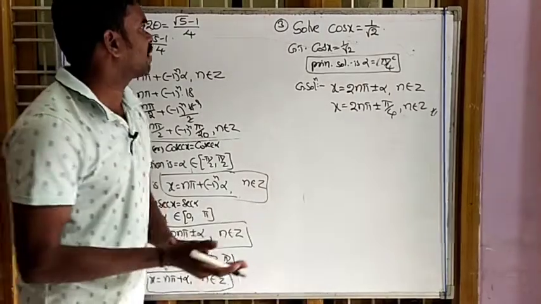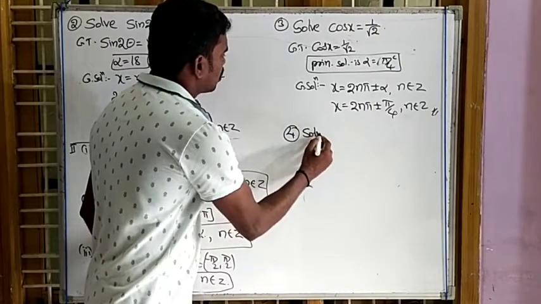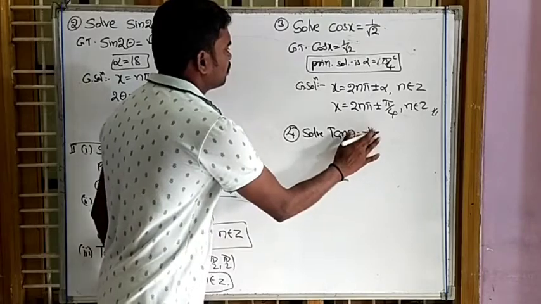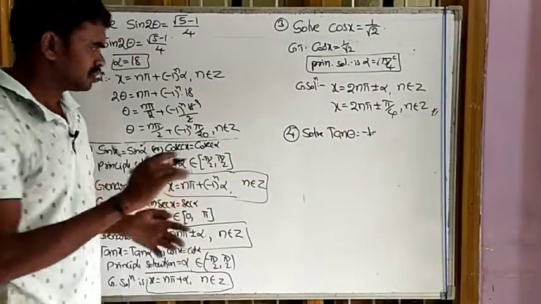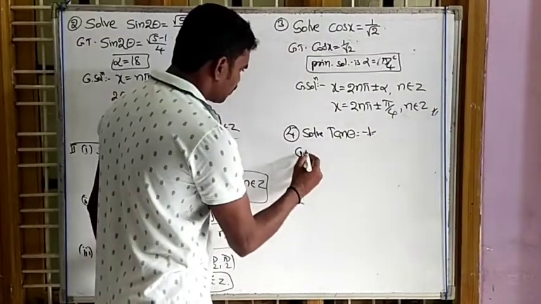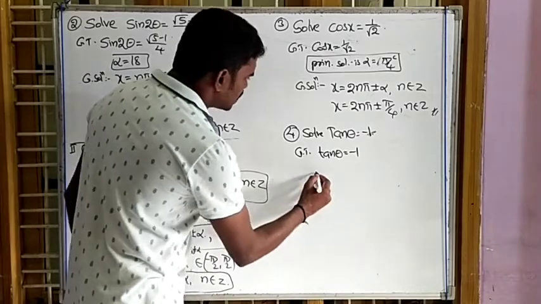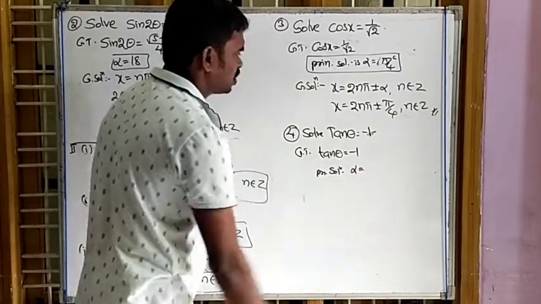clarity. Okay. Fourth question. Solve tan theta is equal to minus 1. How to solve this question? Same, first write down the given: tan theta equal to minus 1. What is the principal solution? Principal solution alpha, how much?